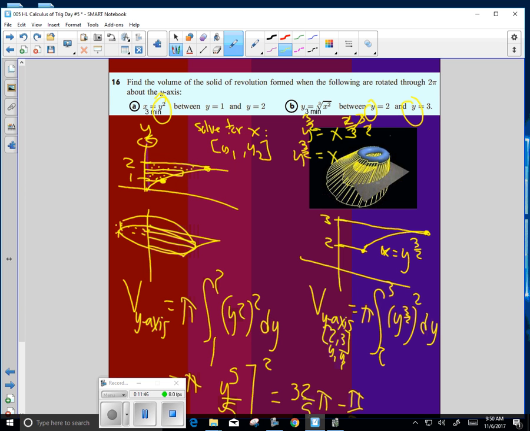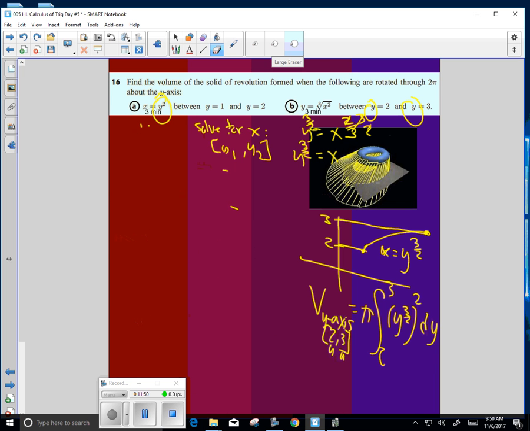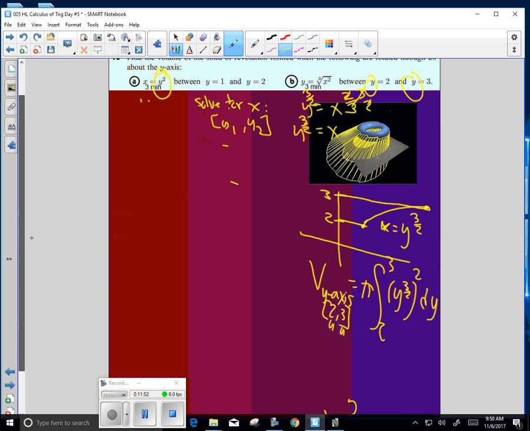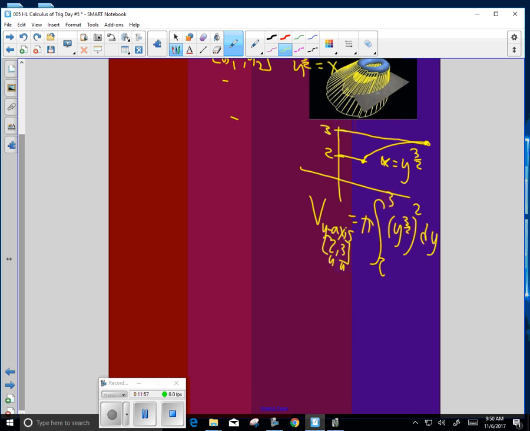What's y to the 3/2 squared dy? Right? That was nice of them because now this is just going to be volume about the y-axis, pi, and it's y to the 2/2, or y to the 3rd, dy.